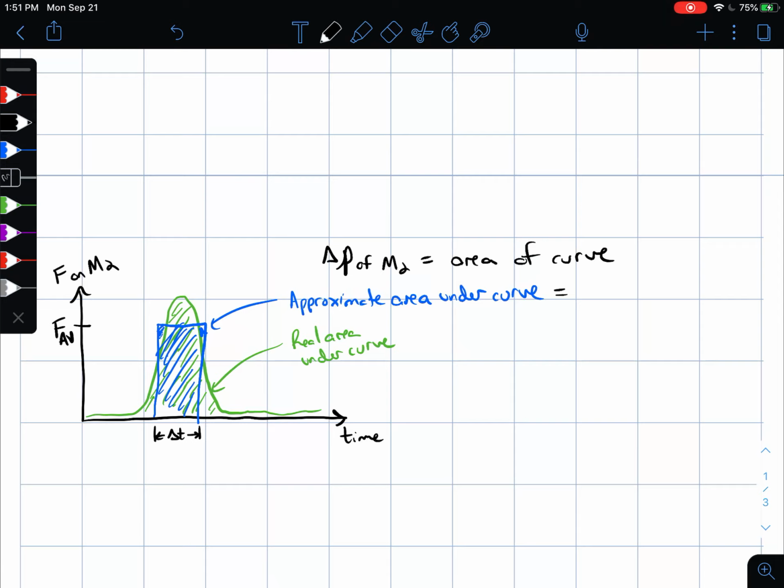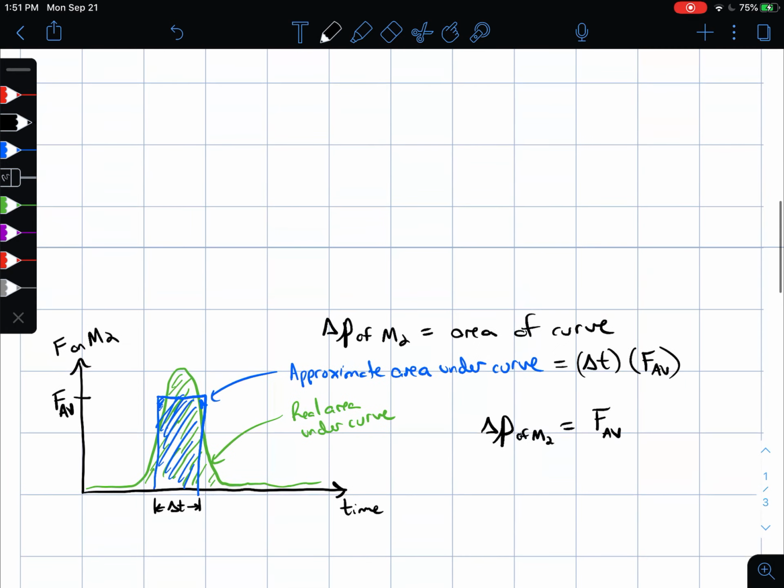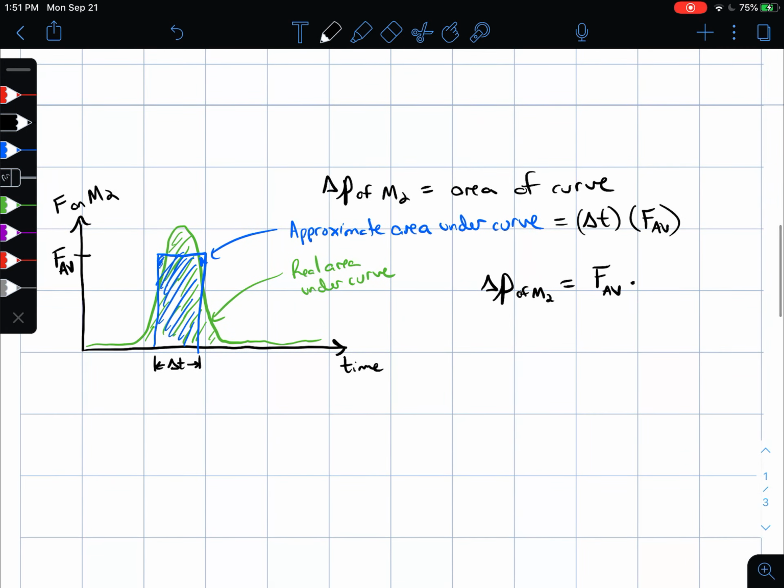So the approximate area under this curve is just the base, delta t, times the height, which is F average. This approximate area under the curve is the amount of momentum that was added to M2 during the collision. So let me summarize. Delta P of M2 is going to be the average force on M2 during the collision multiplied by the time of the collision.